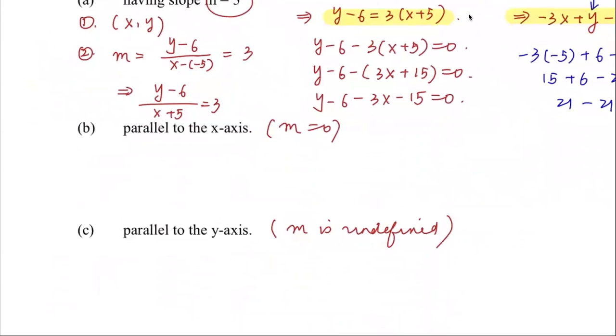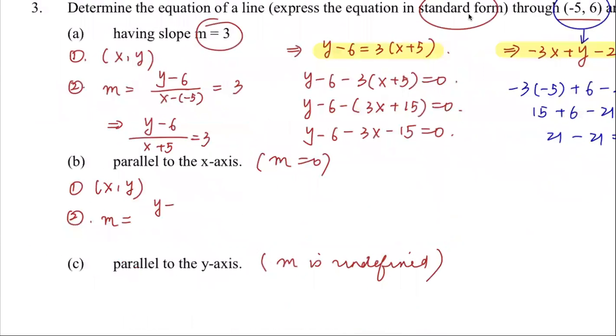Again, step 1. We let xy represent all the points on the straight line, right? And number 2, we use the slope formula, which is y minus 6 over x minus 5. And in this case, we know that the slope is equal to 0.